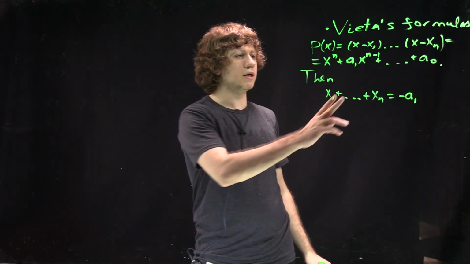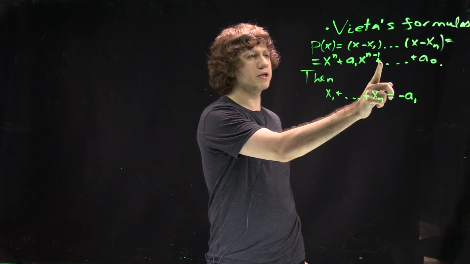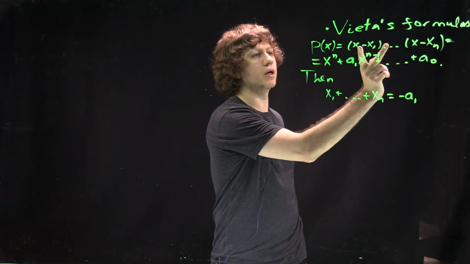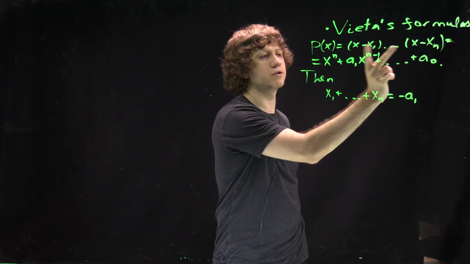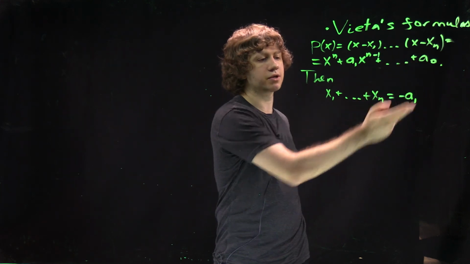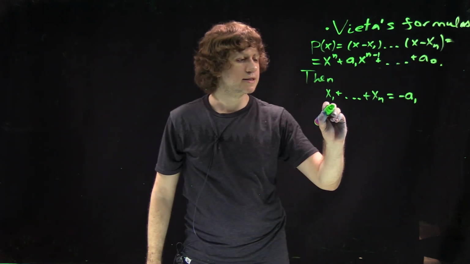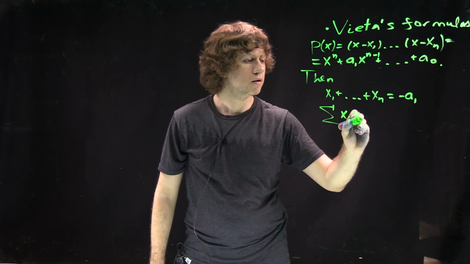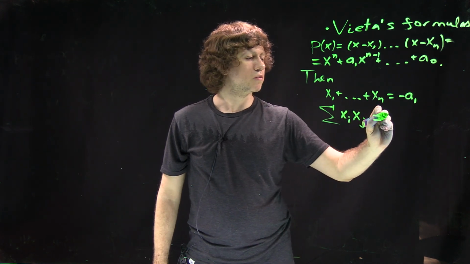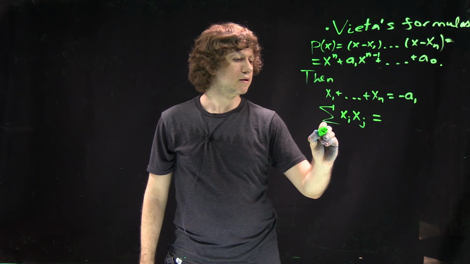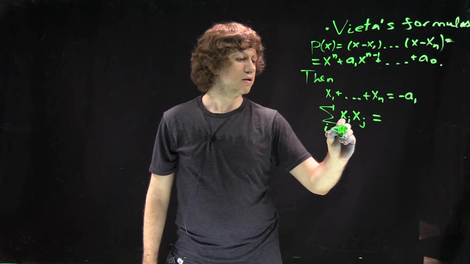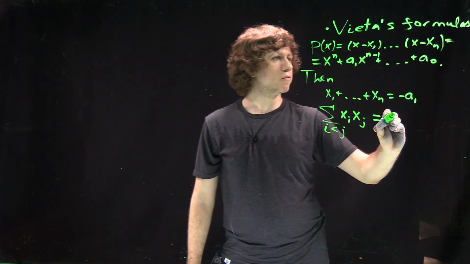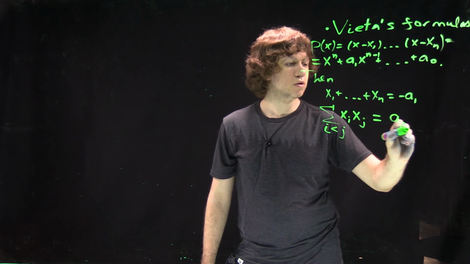If you look at degree n minus 2, you need to take x in two brackets, and in all the others you can take constants. So you will get the statement that the sum of xi xj, for i less than j, just all the products, equals a2.